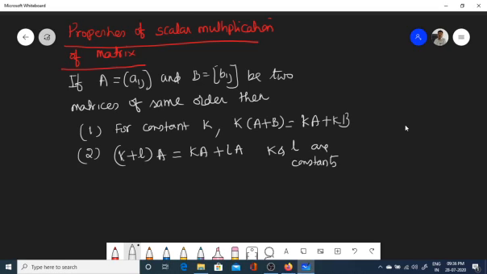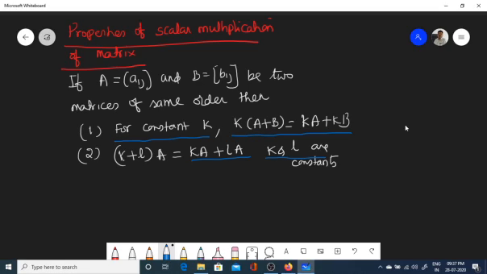Now let's take the properties of scalar multiplication of matrices. If A is equal to Aij and B is equal to Bij are matrices of the same order, then for any constant k, we get k times A plus B is equal to kA plus kB. And if k and L are constants, then k plus L times A is equal to kA plus LA.